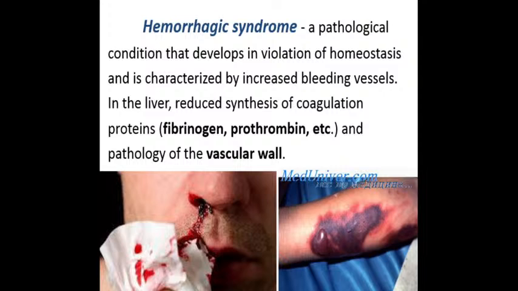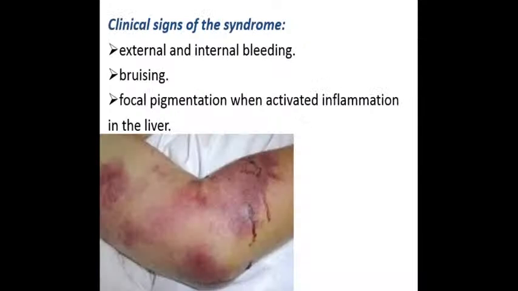Hemorrhagic syndrome. The pathological condition that develops in violation of hemostasis and is characterized by increased bleeding of vessels. In the liver, there is reduced synthesis of coagulation proteins. It is fibrinogen, prothrombin, and pathology of the vascular wall.